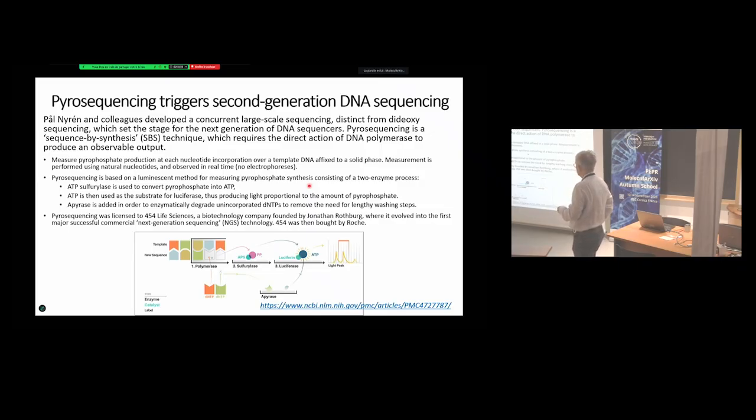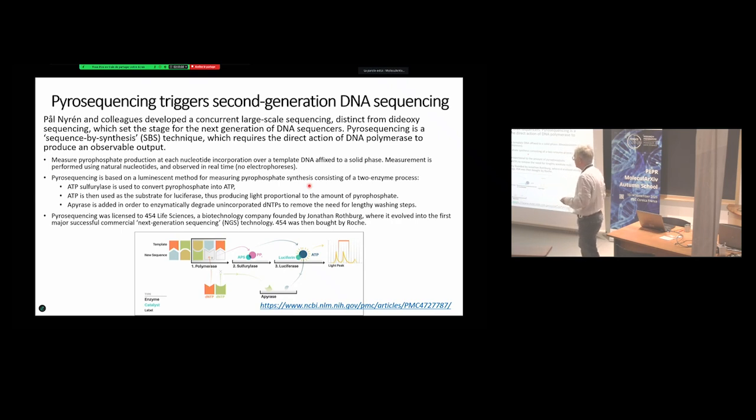And so the emission of light will point out the presence of a specific nucleotide. And if you have added an A or a G here to generate a pyrophosphate to generate ATP, then you will have a peak of light, and this is exactly what you will detect. And so then you can wash out with an apyrase, you clean the substrate, and you can start the next turn of synthesis, and recurrently you will generate a full sequence.